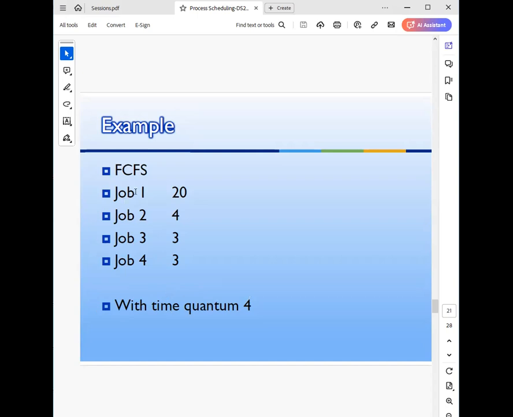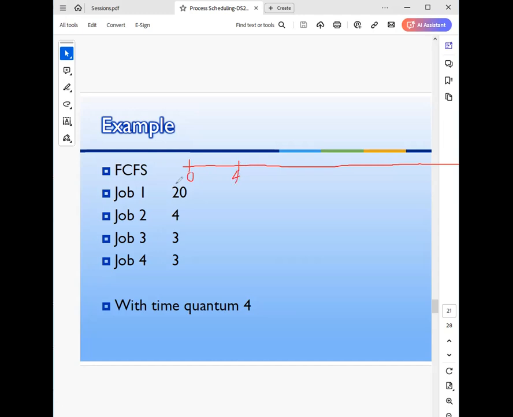The 4 jobs are there, and first come first served order is given. So I will take the annotation and draw the Gantt chart, right? Now we'll start from time 0, and the first 4 millisecond slot is given, so from 0 to 4.